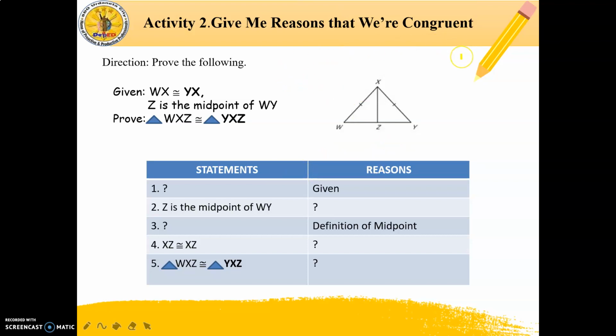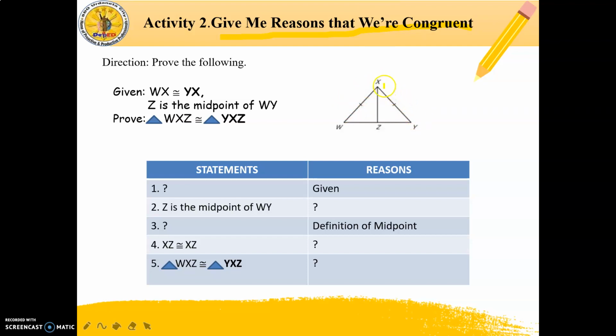So, let's have the second activity, which is entitled, Give Me Reasons That We Are Congruent. We have to prove the following. We have the given, and the figure, and the statement to prove. Based from the figure, it was stated that WX, this side, is congruent to side YX.